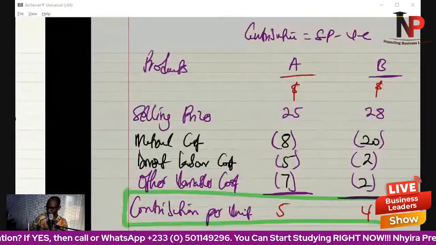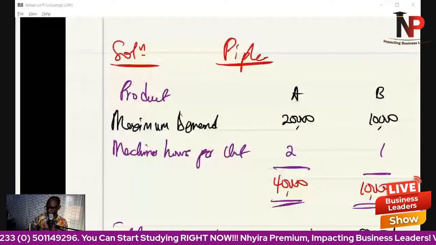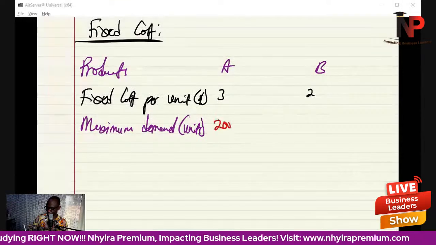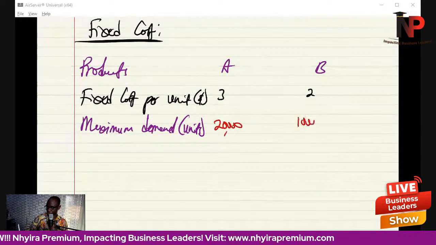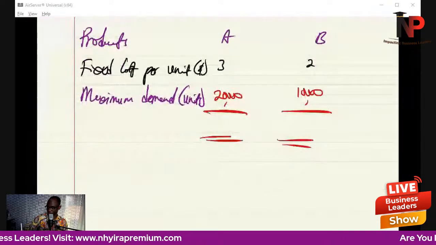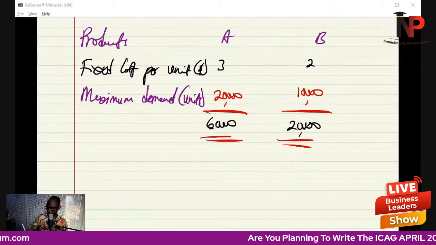And that's going to be an amount of 20,000 and 10,000. Not the design plan, not the production plan. So we multiply up, and that becomes 20,000 here and 60,000 here.